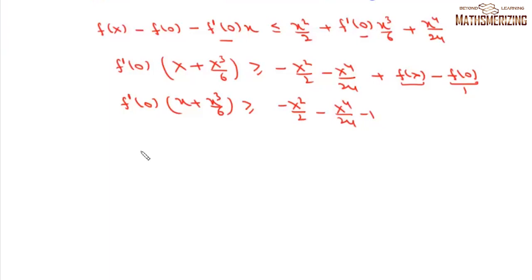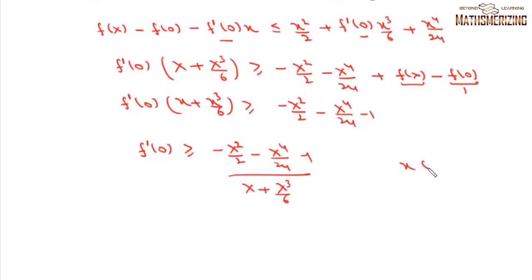And from this we can write f'(0) will be greater than or equal to minus x square by 2 minus x to the power 4 upon 24 minus 1 upon x plus x cube by 6. This will be true for any x which lies in the interval 0 to 1. Now this function on the right is an increasing function.